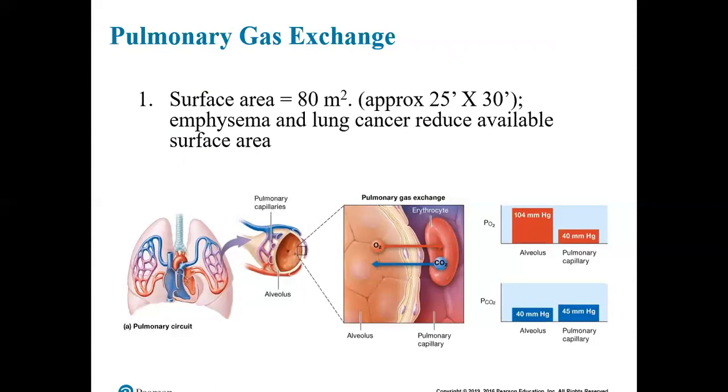But anything that decreases the surface area, such as emphysema, or cancer or pulmonary fibrosis or some other disorder, is going to reduce your amount of pulmonary gas exchange. You may be ventilating fine, you may be breathing in and out, but you also have to remember those 4 different parts of respiration we looked at in the very first part of the first video. You've got to be able to ventilate, but you also have to go through pulmonary gas exchange to complete the process of respiration.